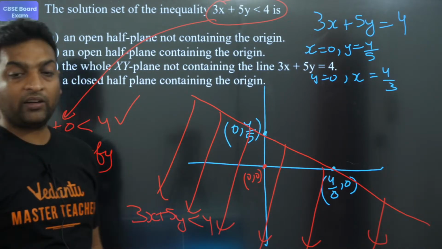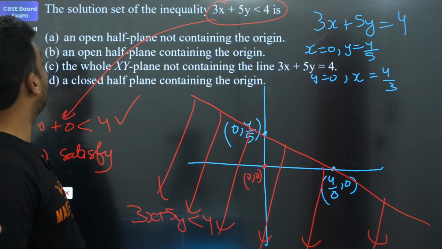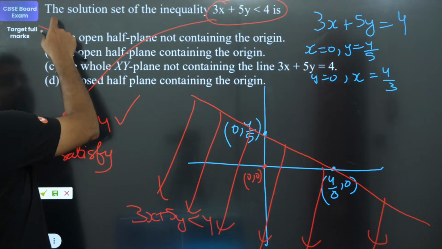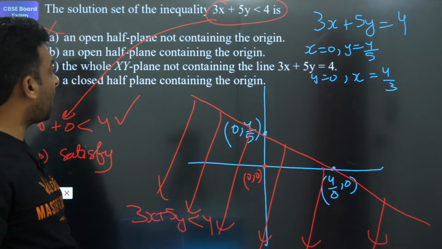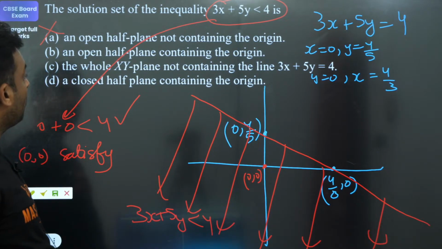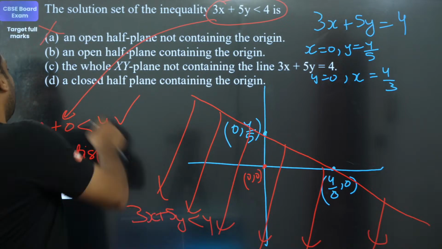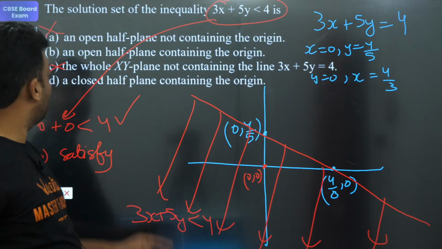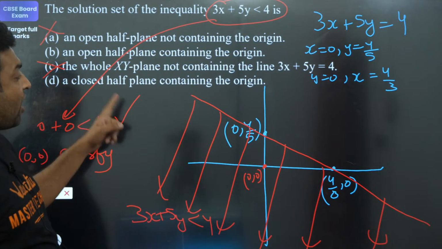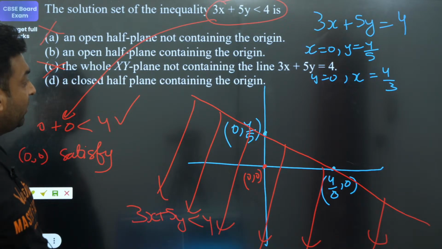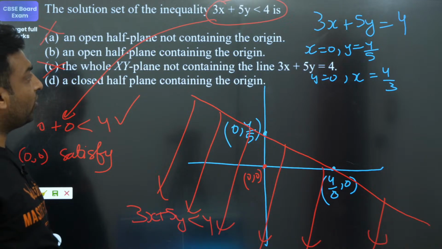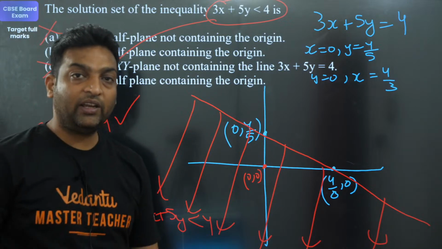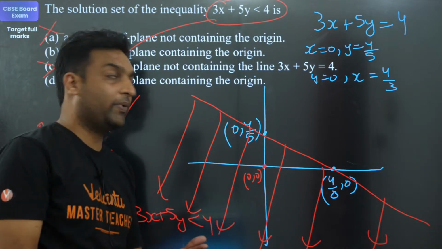What is this region? One side of the line. Open half plane not containing the origin? Wrong, because it contains the origin. Open half plane containing the origin. Whole xy plane not containing this line? Wrong, this is not the whole plane, this is a half plane. Is it a closed half plane containing the origin? Why is this open? Because there is no equality. If there had been equality, it would have been a closed half plane.